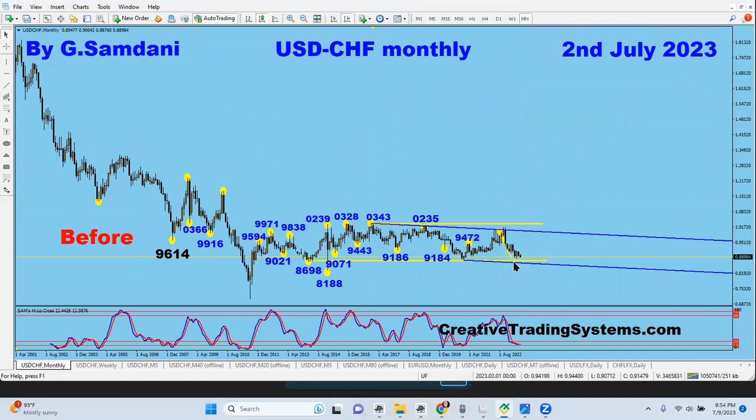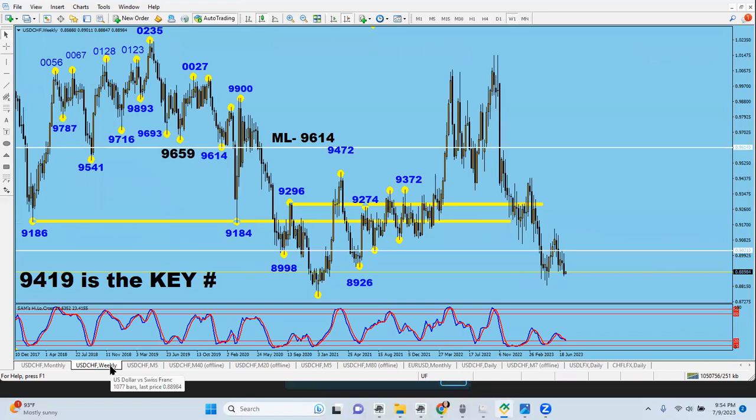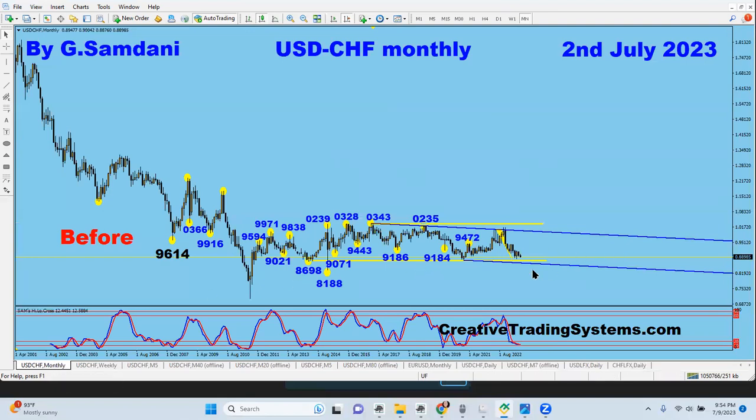It came down all the way here, but this sloping TL, and then you make the channel, so it's not hit yet, and even this low here is not touched. So this is what I'm expecting, that it might be coming down here with the USD weakness and touch that yellow line or the TL, and then later on it may bounce again. But yes, it is coming down, and it will come down.